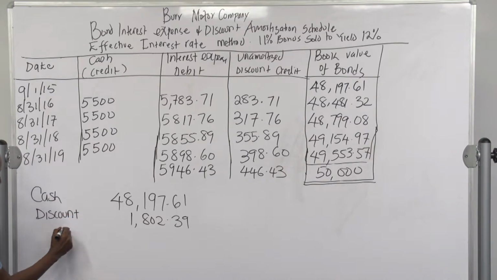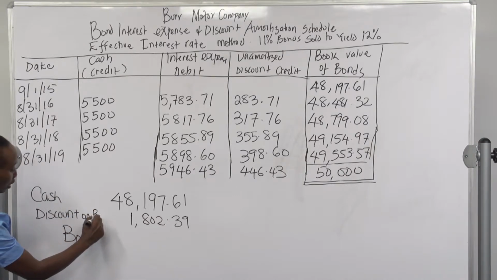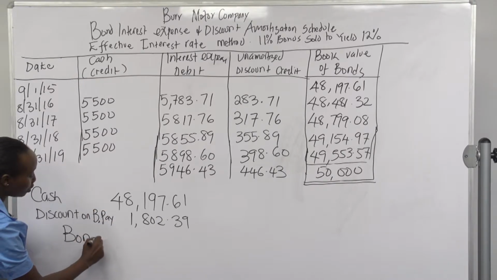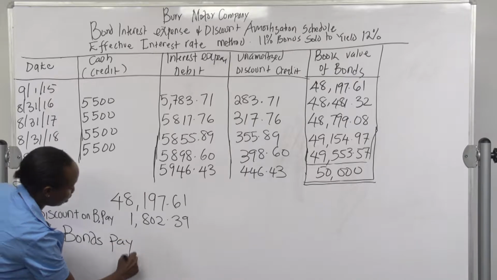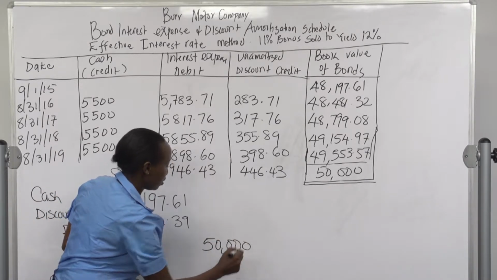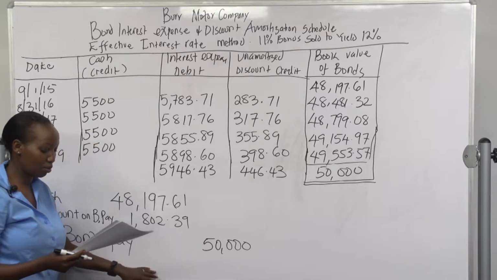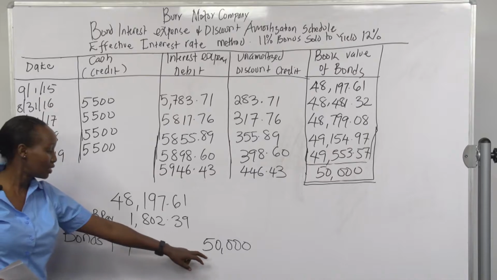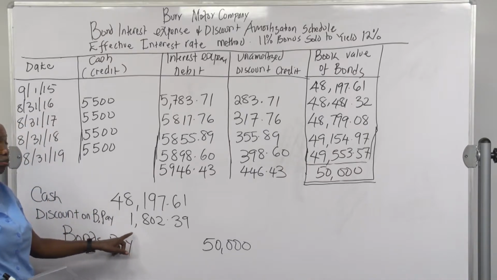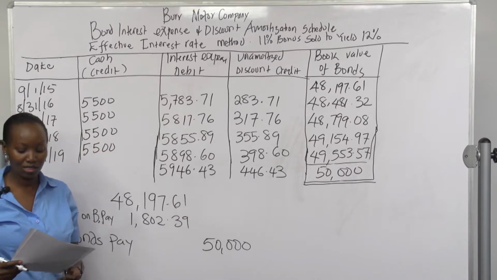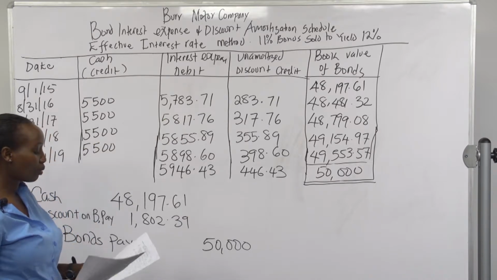And when we sold it, we have a liability, discount on bond payable. And our bonds payable in our books is 50,000. When we present it in the balance sheet, we'll have this, and next to it, we put the discount on bond payable. So that's where the 48,197 is coming from.